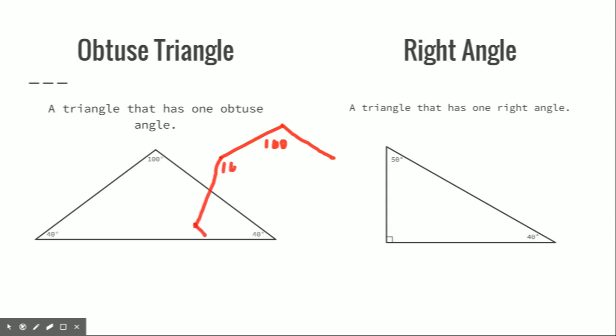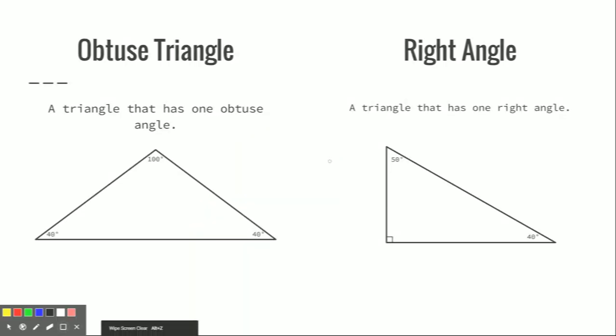Like, that's going to be a giant angle. Even if I try that, when I connect them, it's not going to work. It's going to make a different shape. So you can never have more than one obtuse angle, especially because if you think about it, 100 plus 100 is 200, which is bigger than the 180 that we need when we're adding the angles of the triangle together.